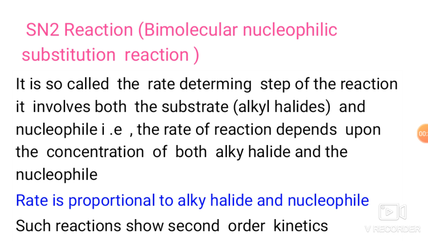So the rate of reaction depends upon the concentration of both alkyl halides and the nucleophile. Rate is proportional to alkyl halides as well as nucleophile. Such a reaction shows second order kinetics.